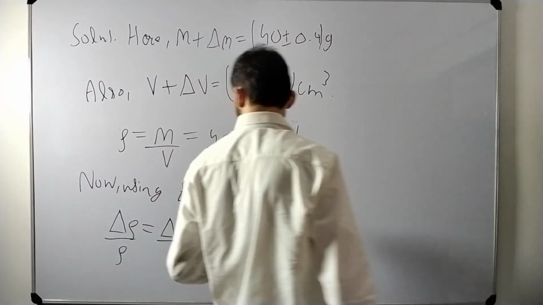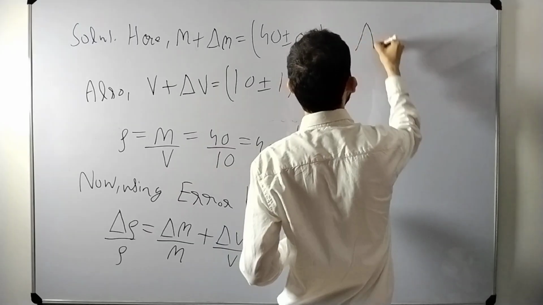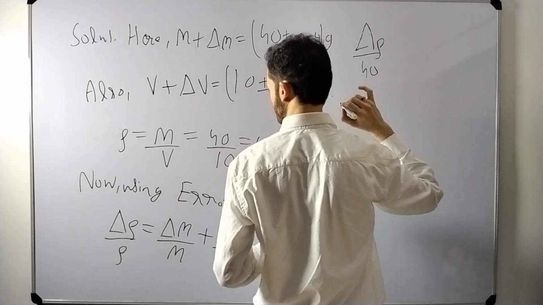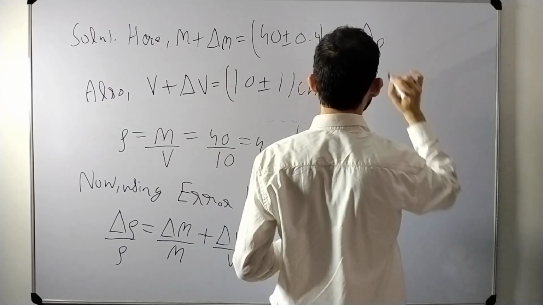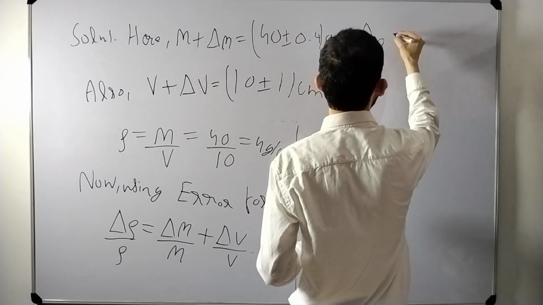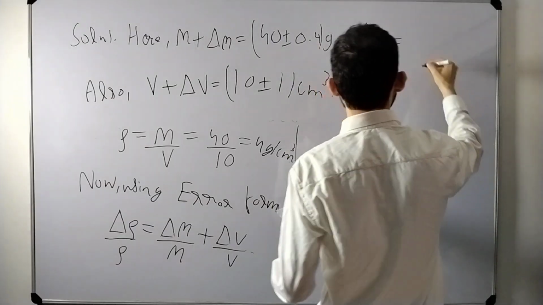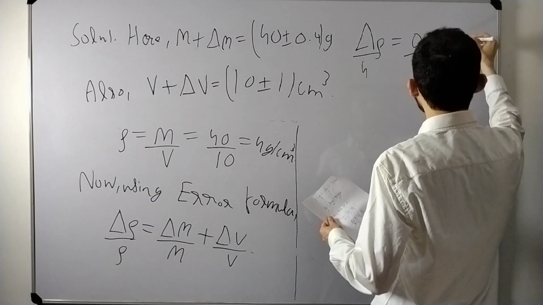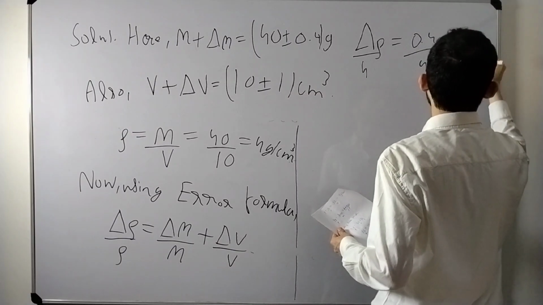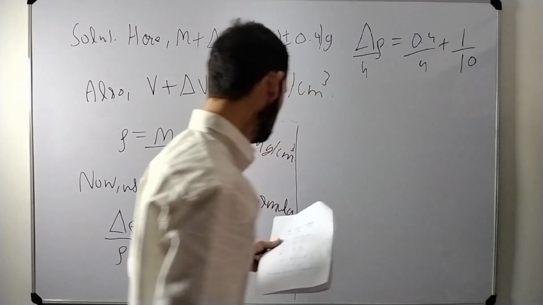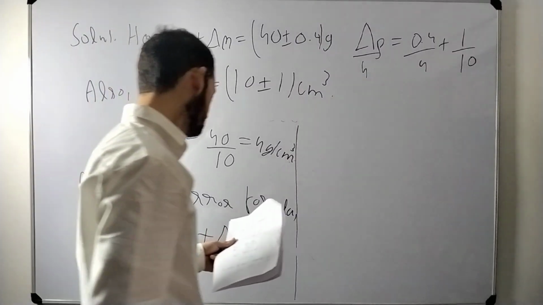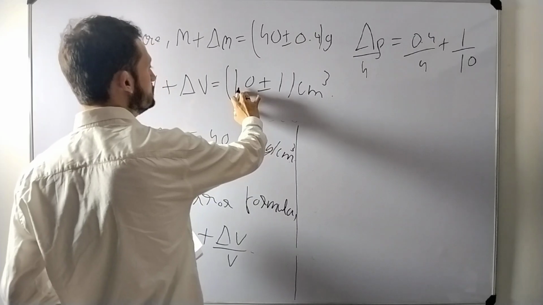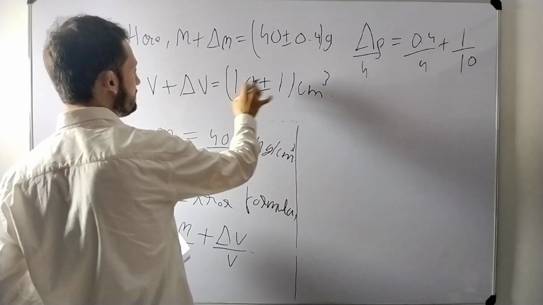So this makes del rho value 40. Am I doing right? 40? No, 4. Yes, 4 and 0.4 upon 4, 0.1, 1 by 10. So actually I should write 1 by 10, 10 is the volume and del V is 1.